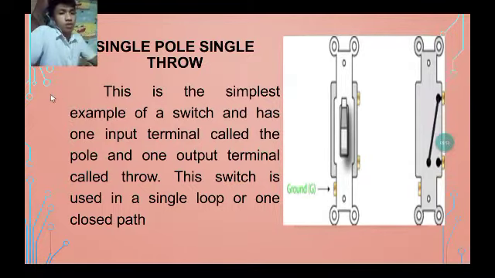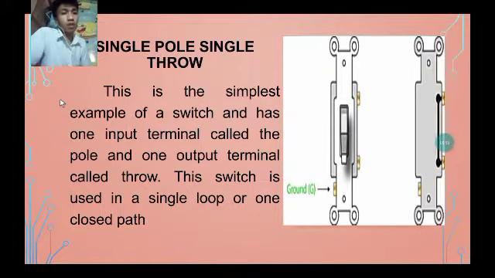The first type of mechanical switch is single pole single throw. As you can see in the picture, this is the simplest example of a switch and has one input terminal called the pole and one output terminal called the throw. This switch is used in a single loop or one closed path.